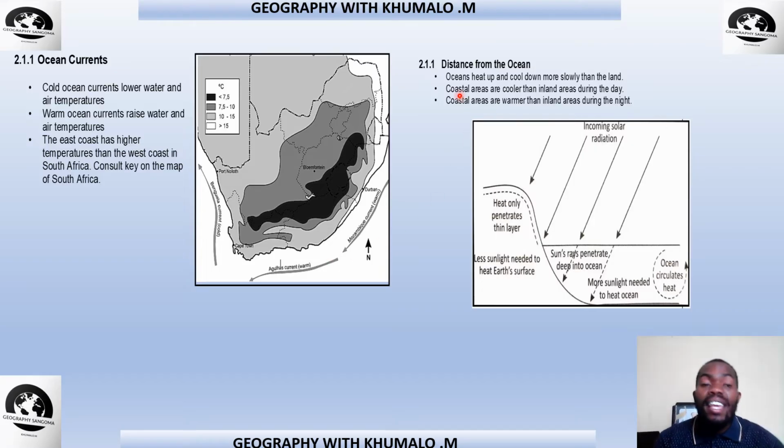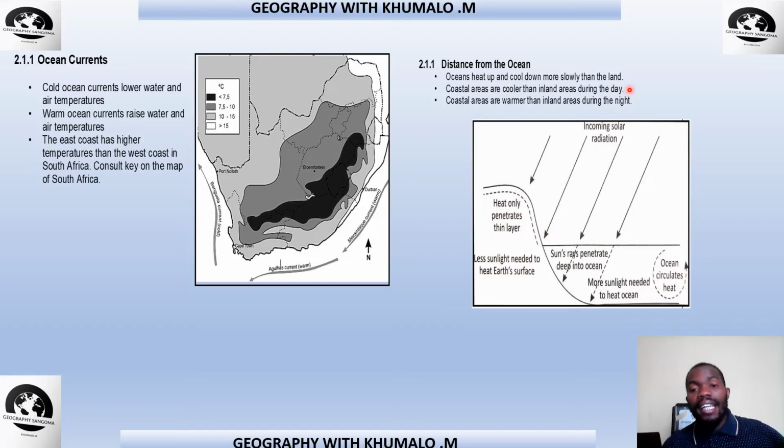Now, another effect that we look at in terms of heating of the atmosphere is the distance from the ocean. The oceans heat up and cool down more slowly than the land. For the ocean to heat up, it takes time. For the ocean to cool down, it takes time. So the land heats up faster than the ocean, and the land cools down faster than the ocean. The coastal areas are cooler than the inland areas during the day.